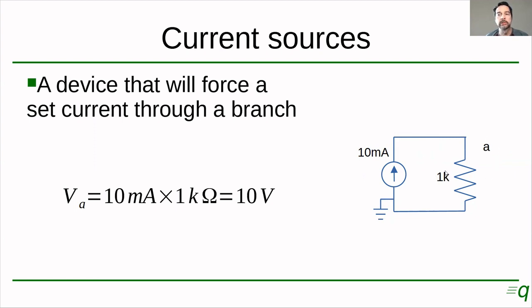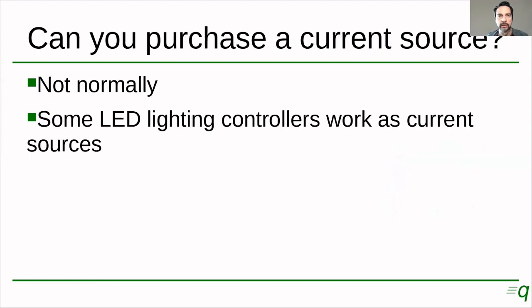But if this resistor were 2 kilo ohms instead of 1 kilo ohm, the voltage here would be 20 volts, okay? 10 milliamps times 2 kilo ohms, that would be 20 volts, okay? Sounds weird, right? It's a bit counterintuitive, and we'll see in a minute why that is.